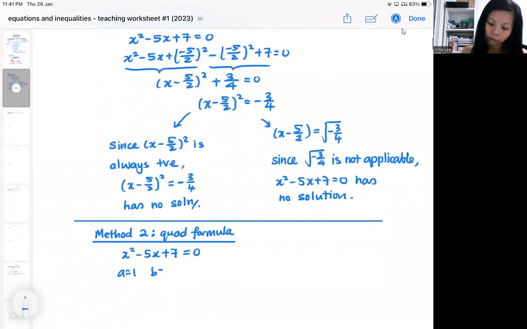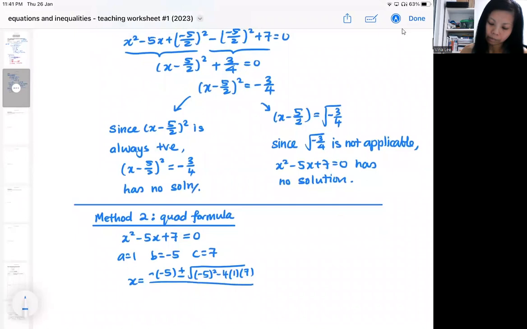Show your quadratic formula clearly, as if you're solving for it. So always be writing out the quadratic formula. That will be the method marks.